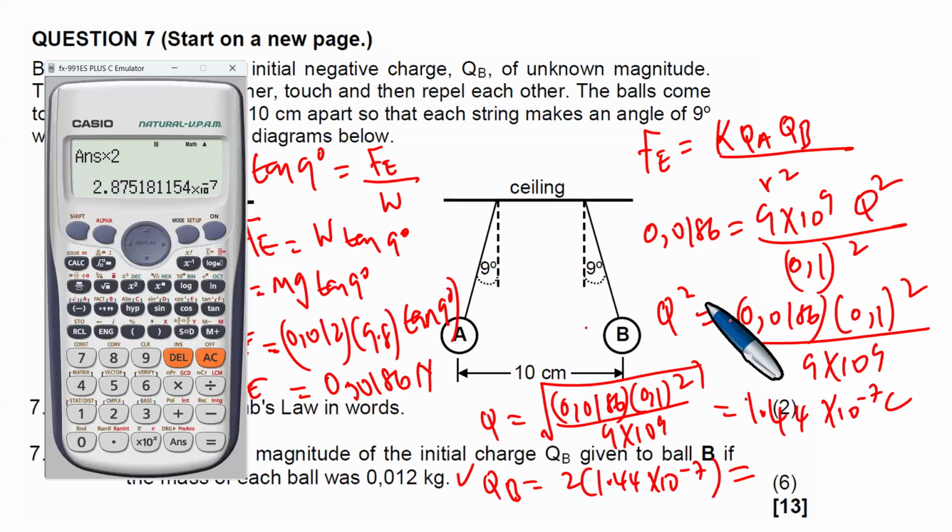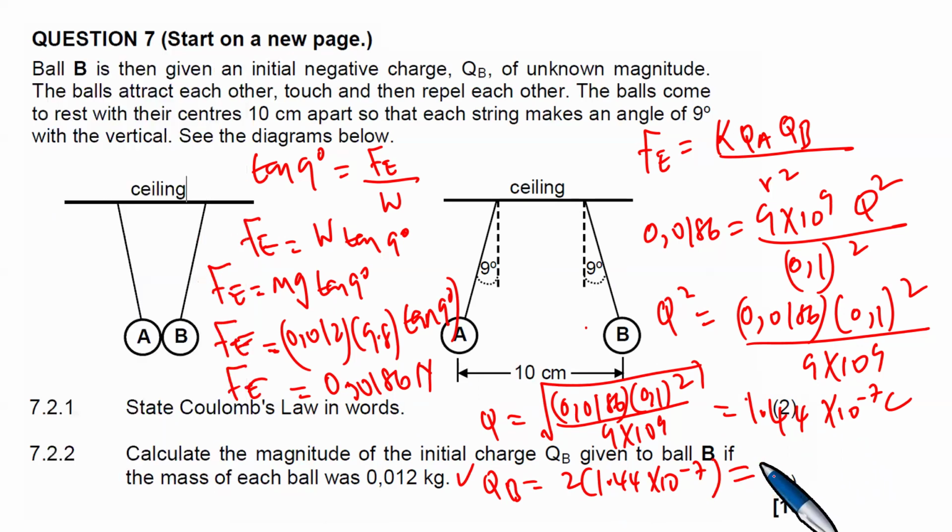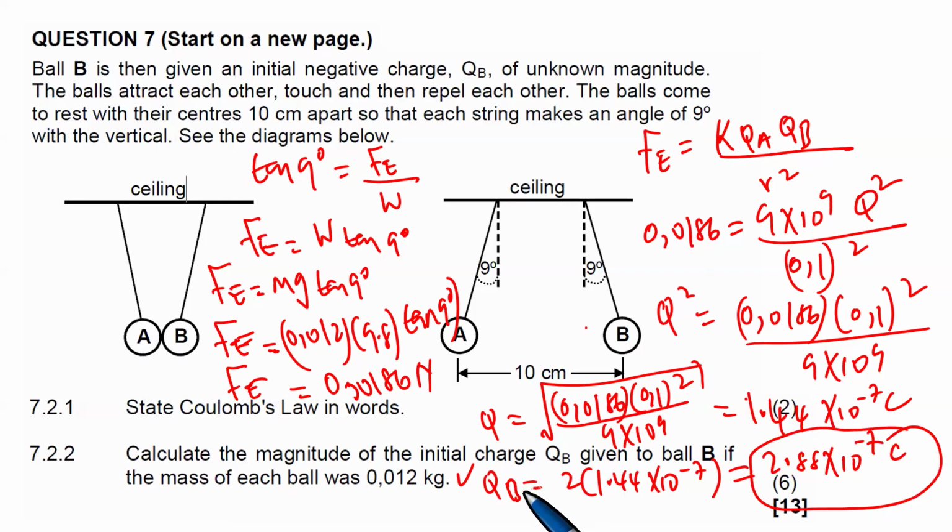Because it was shared, this became the charge on each when they were apart. But before then, B had all the charge, double the charge that was shared. So this was the charge on each, but before that it was double, which is 2.88 times 10 to the minus 7 coulombs.